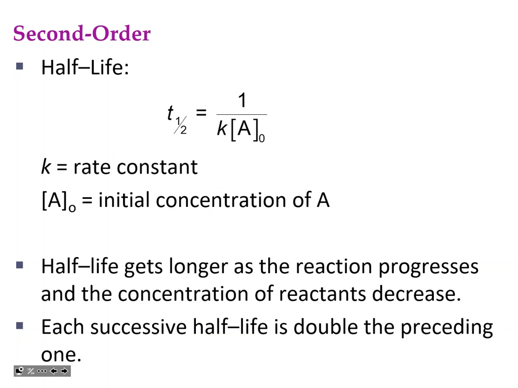But what you should notice about second order half-life is it gets longer as the reaction progresses. The half-lives grow. As the concentration decreases, the half-life gets longer. Each successive half-life is double the preceding one. That's what you need to be able to notice. Oh, the half-lives get longer. Oh, it must be second order, if they give you half-life information.